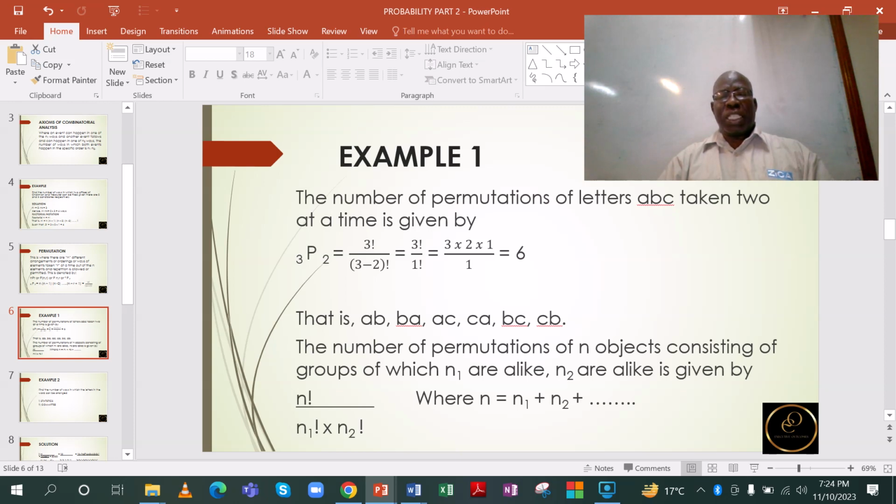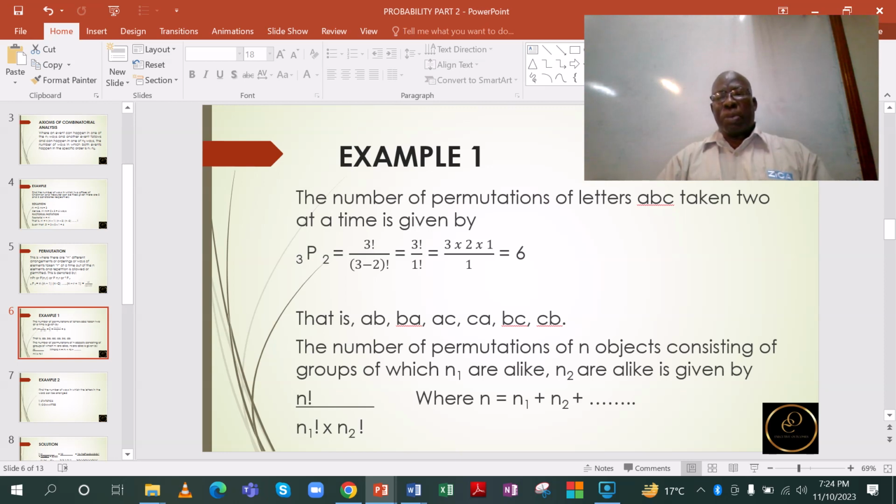Again here you have AC repeated as CA, and here you have BC repeated as CB. So taken 2 at a time, the orderings can be 6. Repetition is allowed, and that's why this is called a permutation.